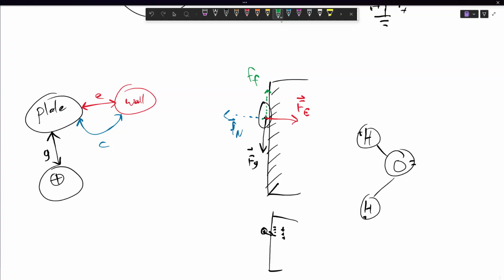Because I have this normal force and I've got some contact with the wall now, I can have friction hold me up. And so the friction force plus this normal force together equal the actual force here, this contact force.